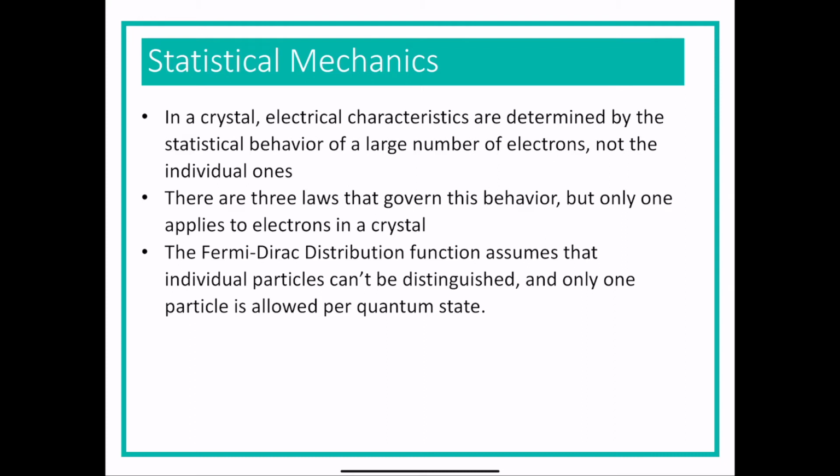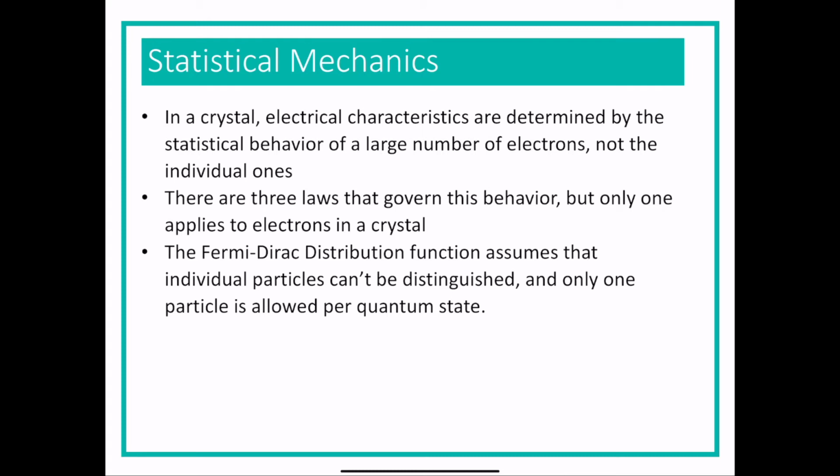And I know that sounds very technical, but it's actually really easy. Basically, it assumes that we can't tell the difference between individual particles, and there's only one particle per quantum state. The other two statistics have different assumptions that they make, but this one is pretty close to what we actually determine.